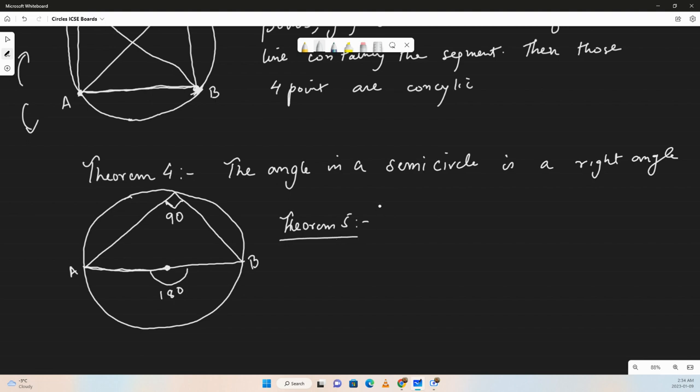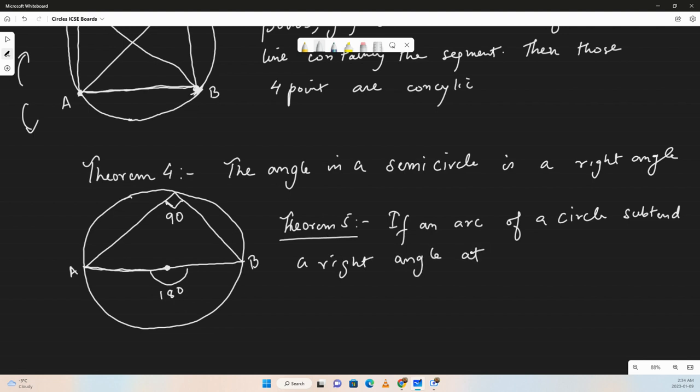It says that if an arc of a circle subtends a right angle at any point on the remaining part of the circle, then the arc is a semicircle.